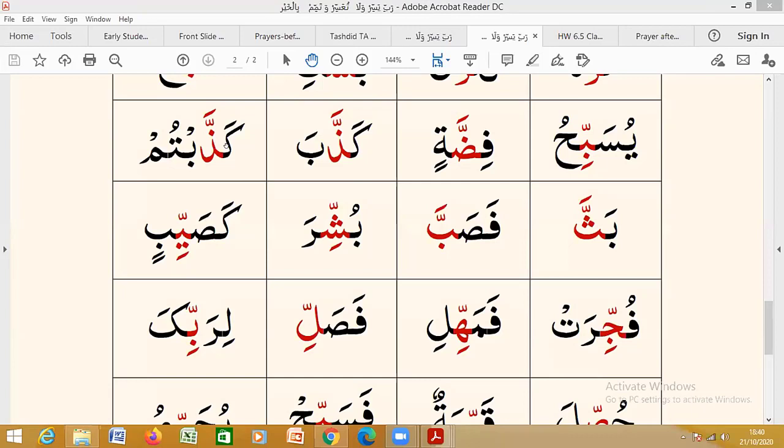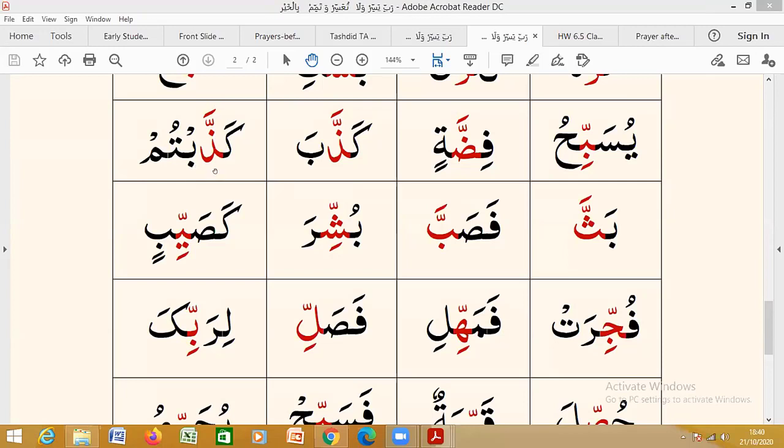Okay, so a mushaddad letter is a letter with a shadda on top. So which is the letter which has a shadda? Is it ka, is it dhal, or is it ba? Yes, the dhal is the letter with the shadda on top. So this is a mushaddad letter.